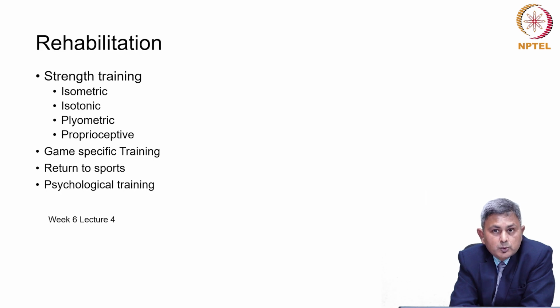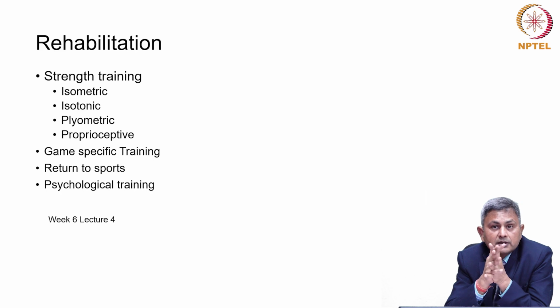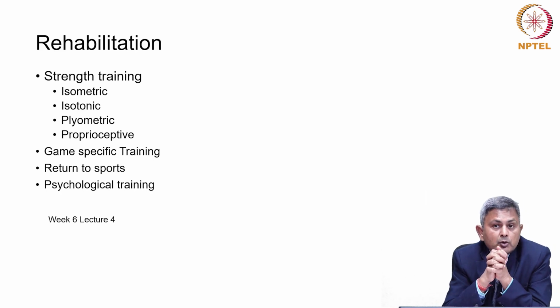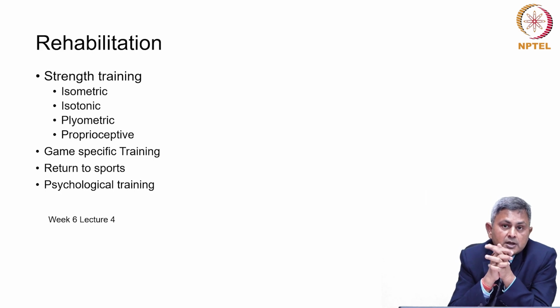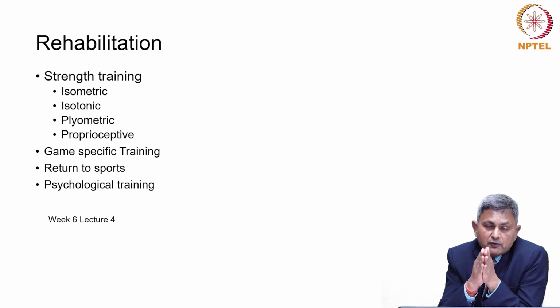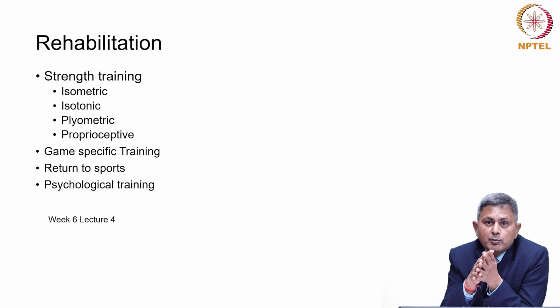In the beginning you do isometric, then isotonic, and then plyometric and proprioceptive exercises. Then you start game-specific training, from slow movement to fast movement, and from easy skilled movement to difficult skilled movement.